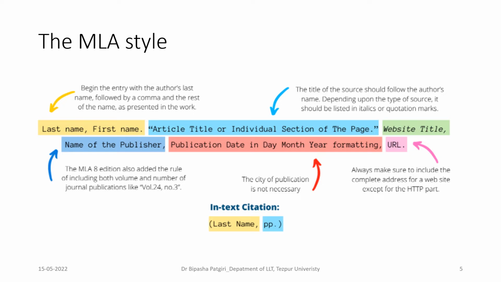You have seen in APA style, we have mentioned the year of publication, but the page number is optional. In MLA style, on the other hand, the year of publication is optional, but the page number is mandatory.